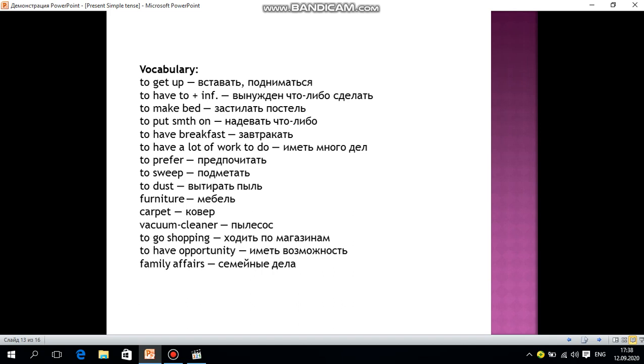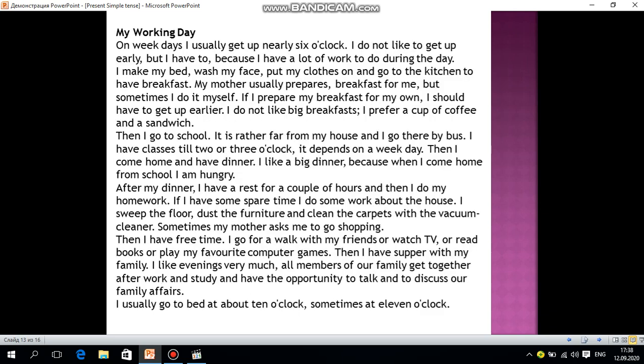To prefer. To sweep. To dust. Furniture. Carpet. Vacuum cleaner. To go shopping. To have opportunity. Family affairs. And here is a text, my working day.